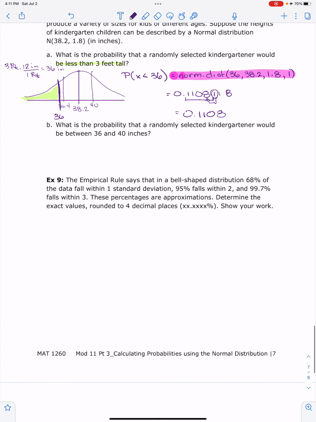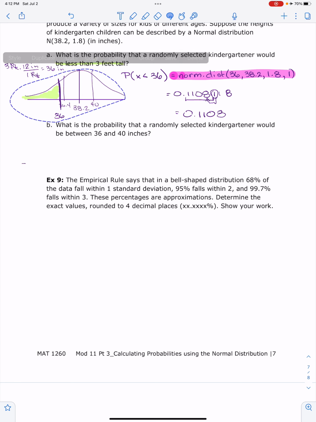If we want the probability that a randomly selected kindergartner is between 36 and 40 inches, actually, you know what? I wonder if this will let me do this. Oops.